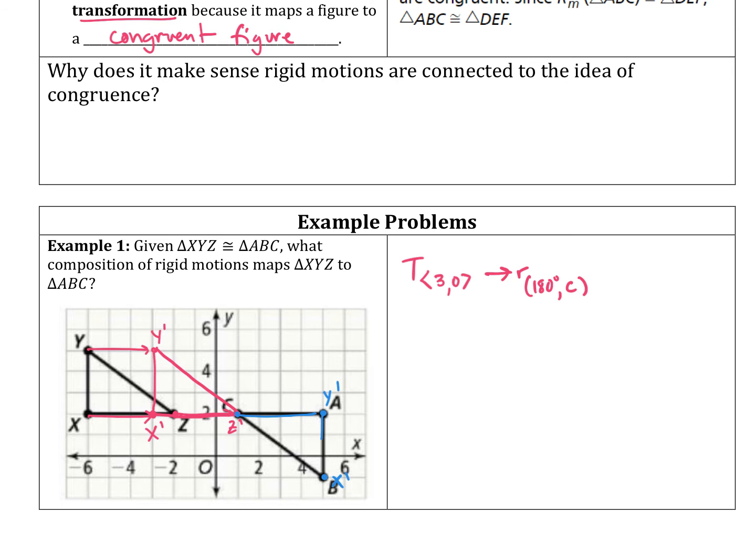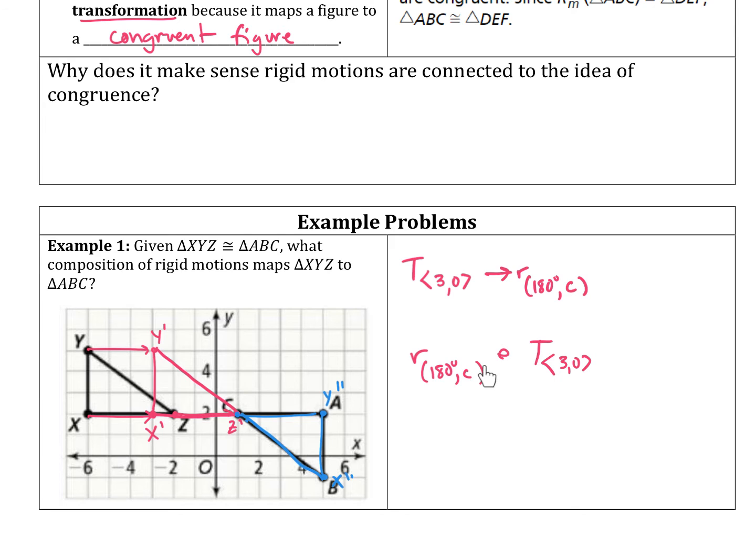So that would take my triangle x prime, y prime, z prime to this new location here. So just to write this out in the correct notation, I am going to first do my translation of 3, 0, and then I'm going to do the rotation to that. So this is the way I'm going to write that.